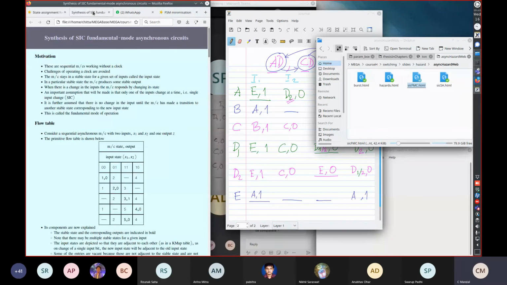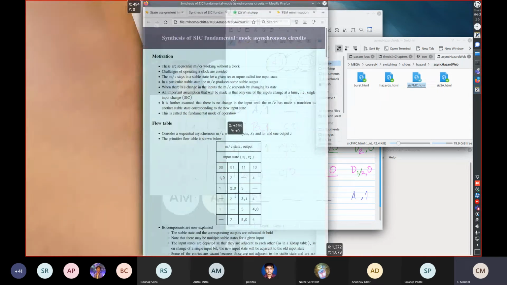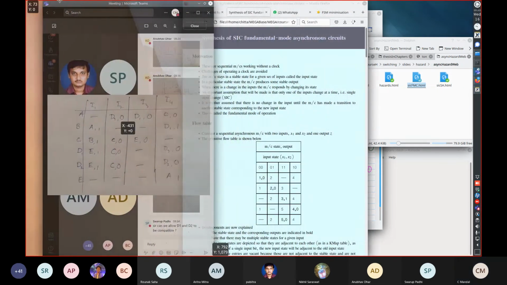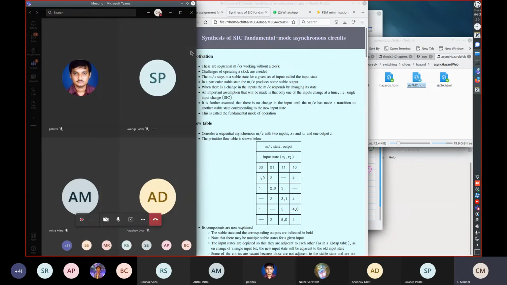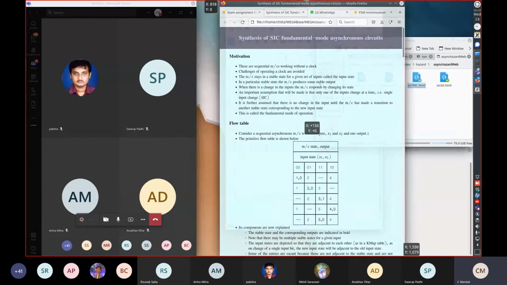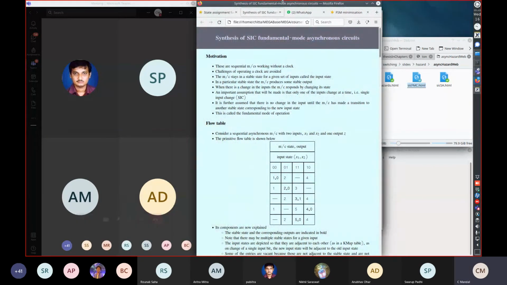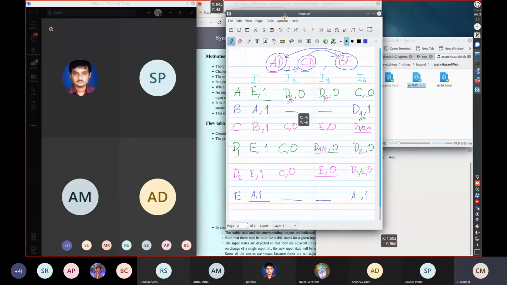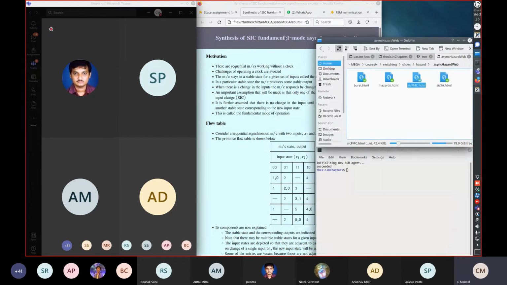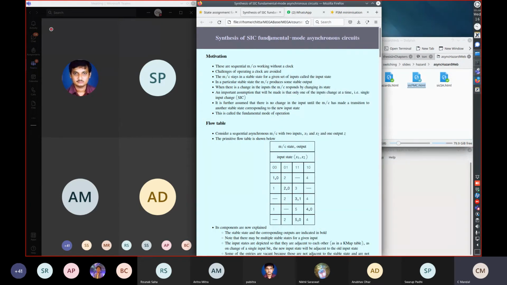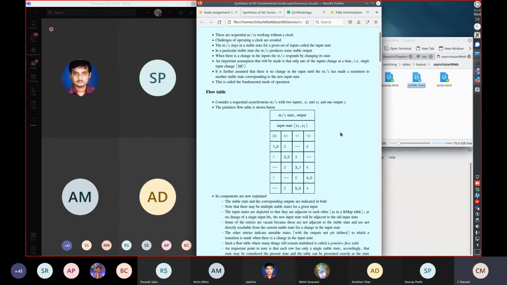So far we have been looking at synchronous FSMs. Now let us look at asynchronous FSMs.